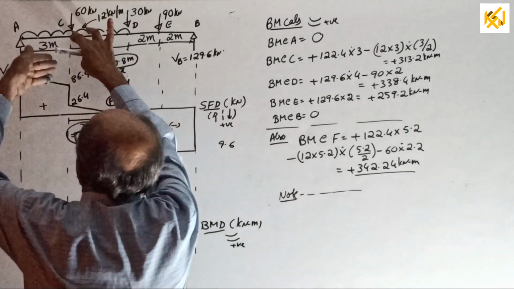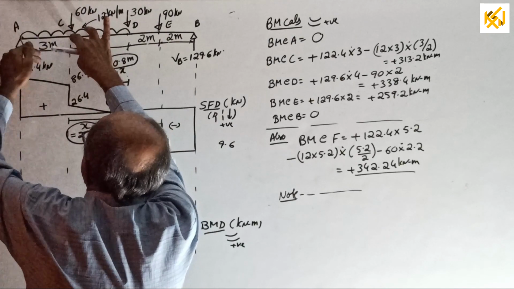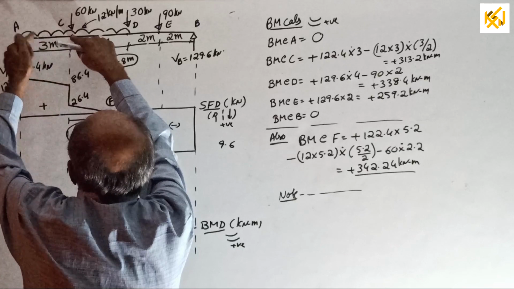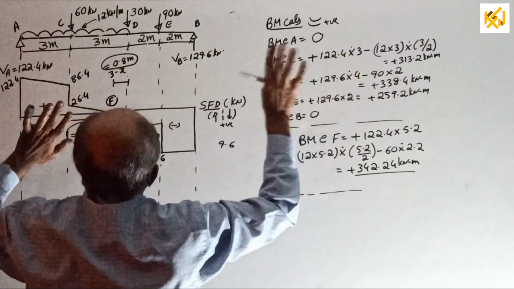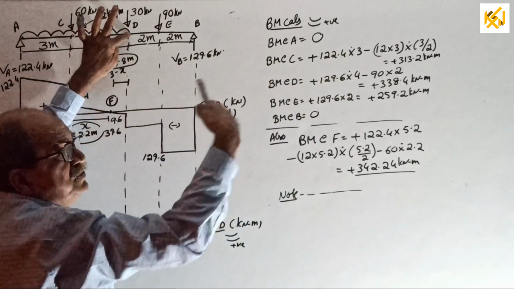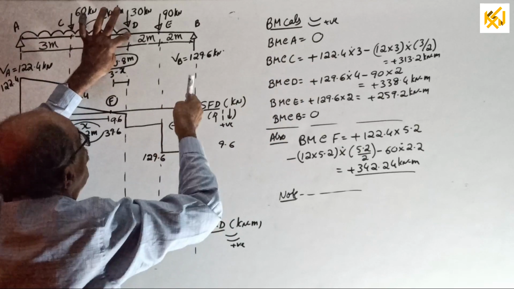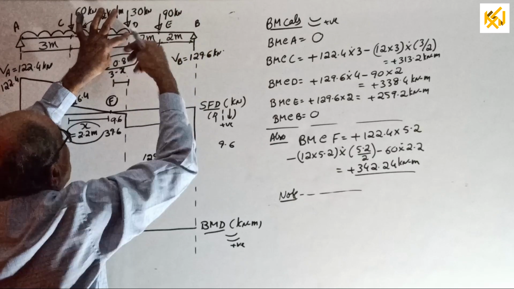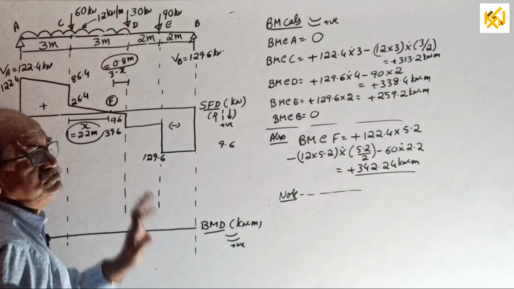BM at C, plus 122.4 into 3 minus 12 into 3 into 3 by 2. I wrote the answer. BM at D, look this side. Which side is easier for you? Plus 129.6 into 4 minus 90 into 2.